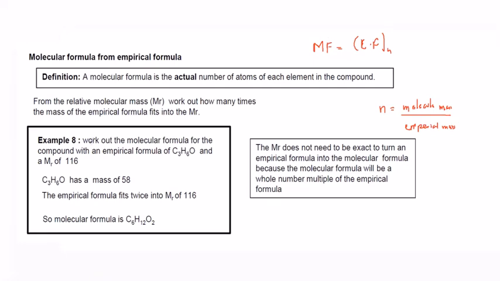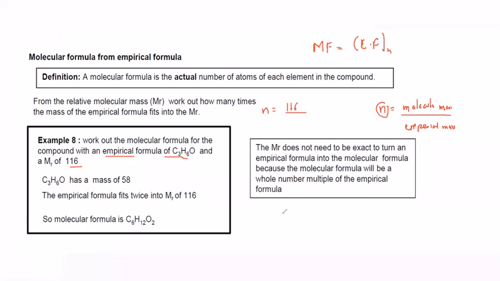So the example question is: work out the molecular formula of a compound with the empirical formula C3H6O and molecular mass 116. First you need the value of n. The value of n is equal to the molecular mass, which is 116, divided by the empirical mass.